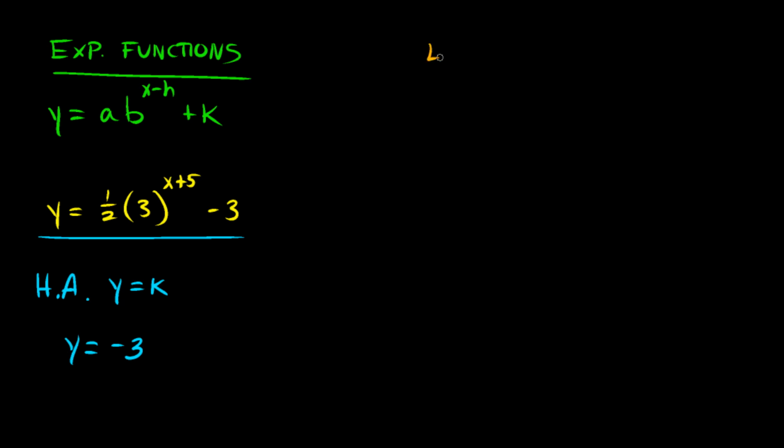Well, a logarithmic function is going to be a lot like this. But instead of finding a horizontal asymptote, we're going to have a vertical asymptote. So the opposite of that. Now, if you think about it, what would the opposite of y be? Well, it would be x.